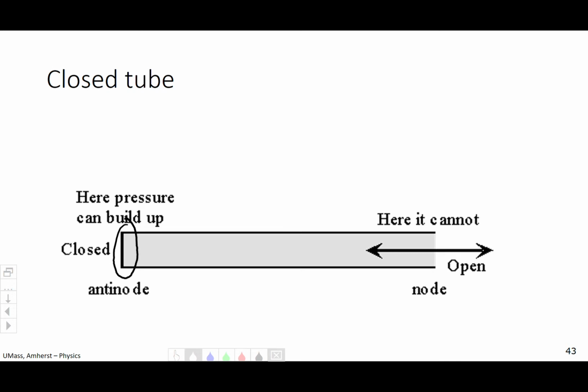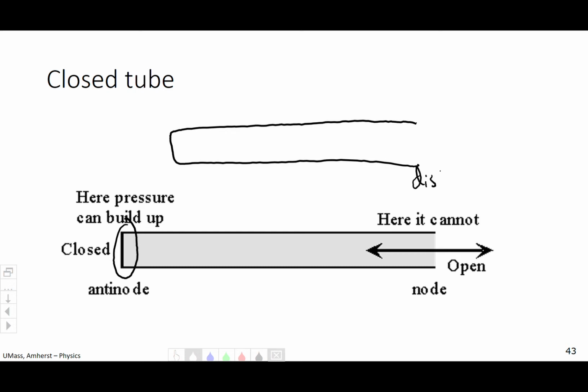So if you were to graph here, here's a distance along the tube, and this would be, say, the displacement of air. So where the very, very high pressure is, that air cannot move. However, at the open end, the air can move a lot. So you have an antinode, right? So we would end up with a wave that looks like this.